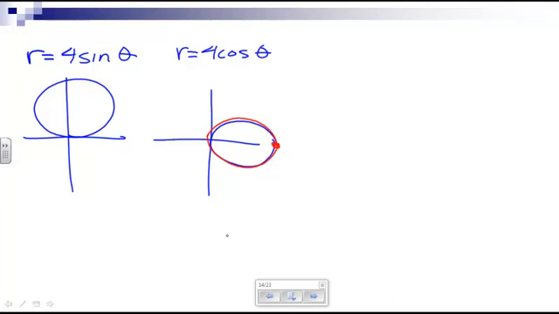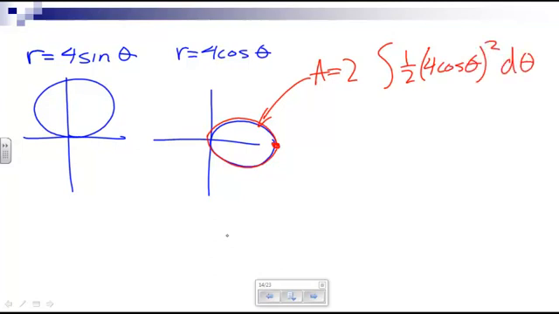It might be easier to not find the area of the whole circle, but rather find the area of the half circle, and double it. So the area of this is twice times 1/2 r squared. But what is r? r is 4 cosine theta, squared, d theta.